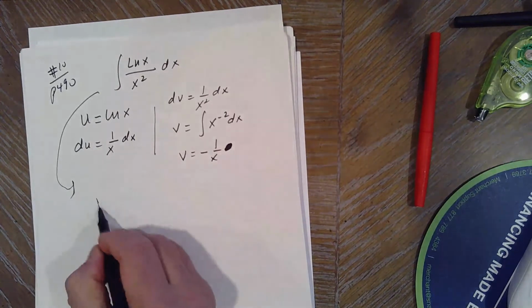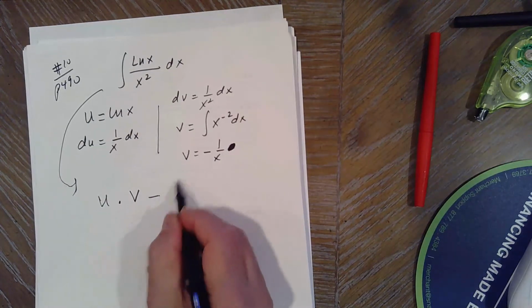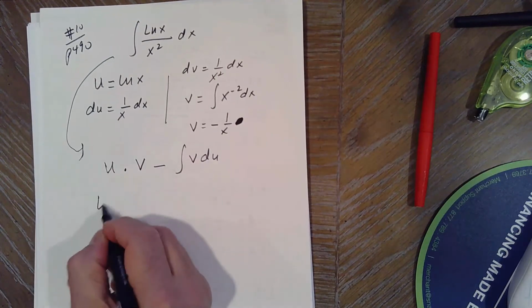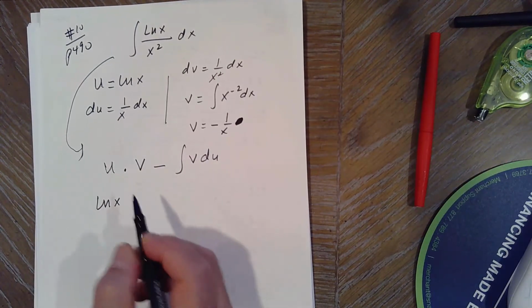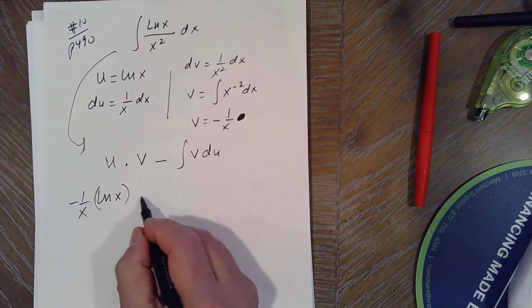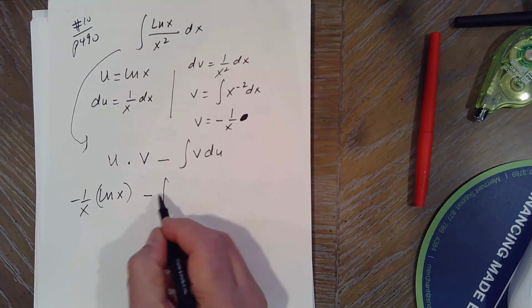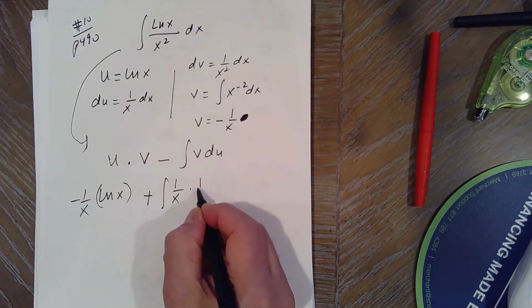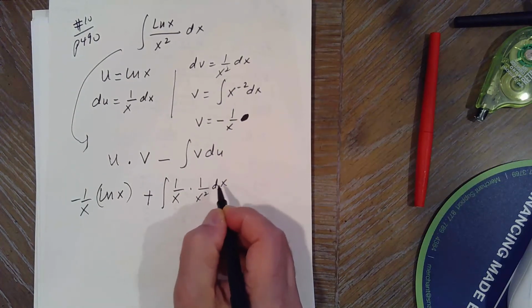So this guy is u times v minus integral of v du. So u is ln of x, v is negative 1 over x, minus integral of negative 1 over x, so that's a plus, du is 1 over x dx.